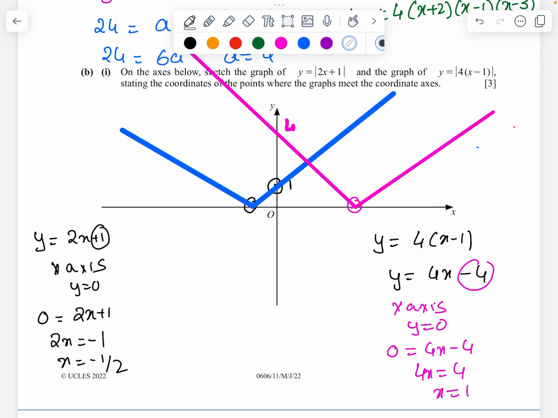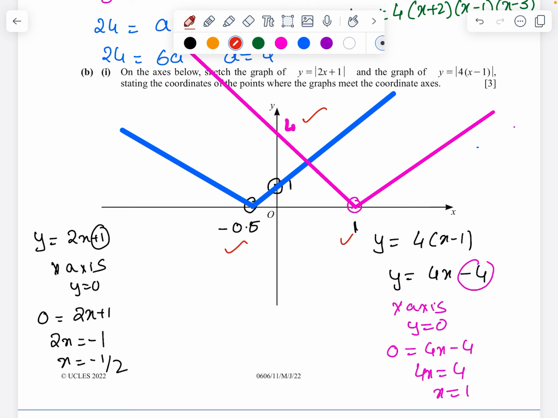This is going to be the graph where it meets the coordinate axis. Where it is meeting the coordinate axis, we have already done. This one was negative 0.5. This point is negative 0.5 and this point is 1 and 4. So these 3 points are to be mentioned. So you will be getting 3 marks.